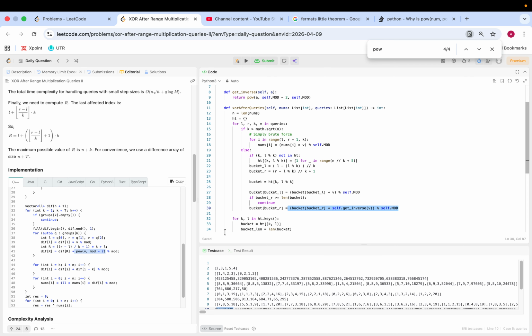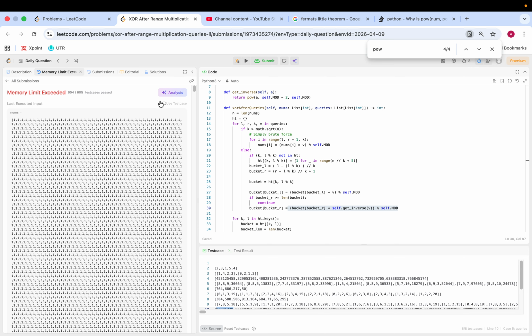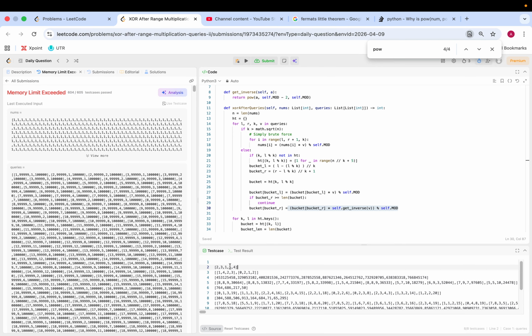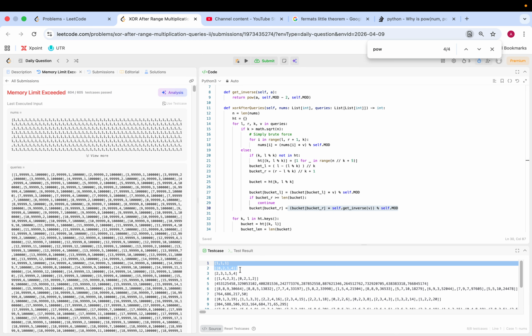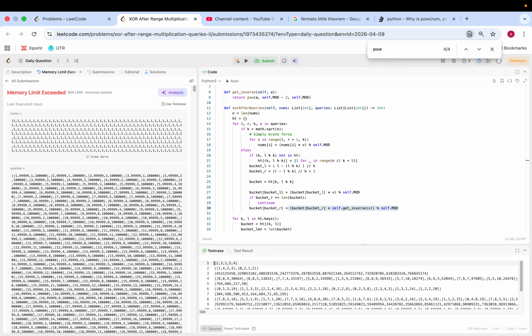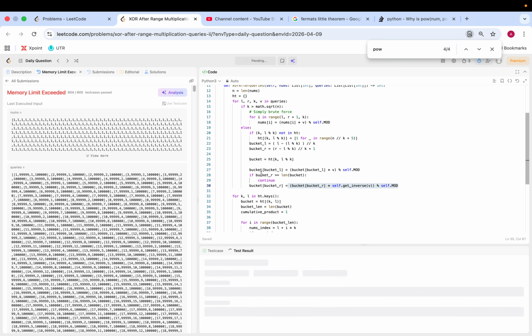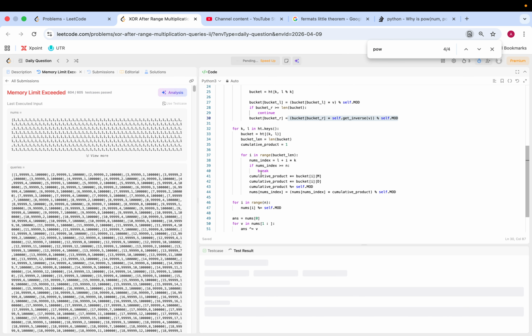Oh, I've no more space left. I basically halved my space, right? Kind of. Again, I'm not sure if the dictionary is actually the thing that's... Oh, yeah.